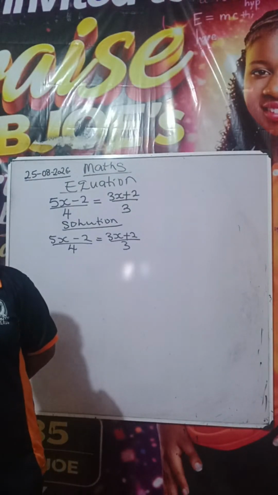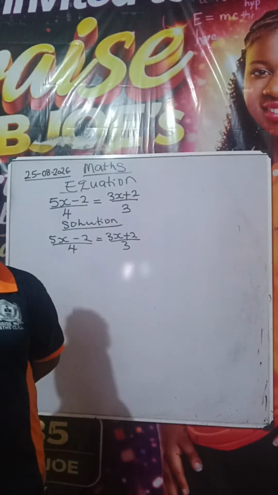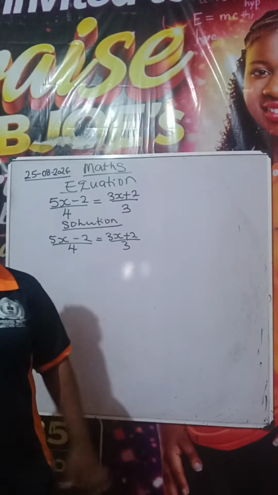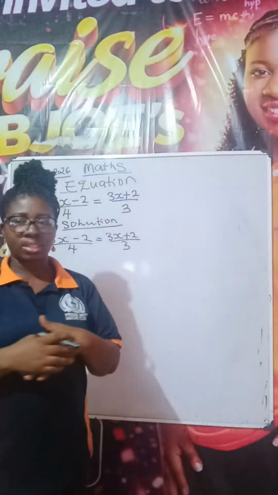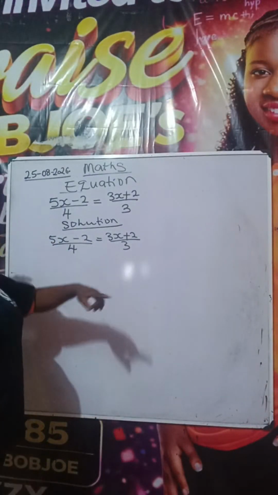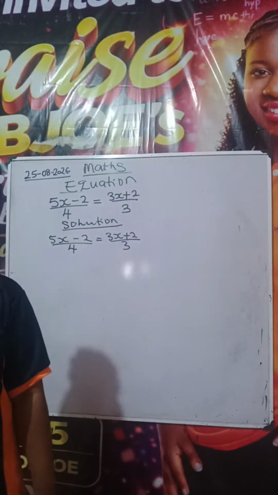Somebody said we should cross multiply. Should we go with that? Cross multiply, expand. But if you look at this one, you see that it's carrying fractions. Now I want to clear the fraction. So what do we do?